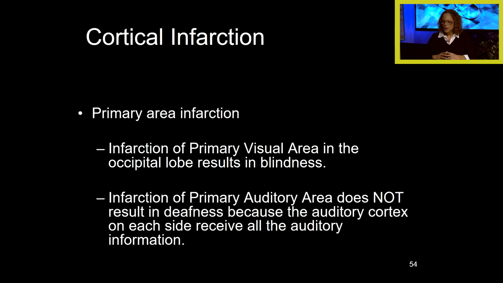And so it's really important to think about the different parts of the brain and their function in order to identify the kind of deficit that the patient will have. For example, infarction of the primary visual area in the occipital lobe is going to cause blindness. And infarction of the primary auditory area, this is very interesting, does not result in deafness because the auditory cortex on each side receives all the auditory information.